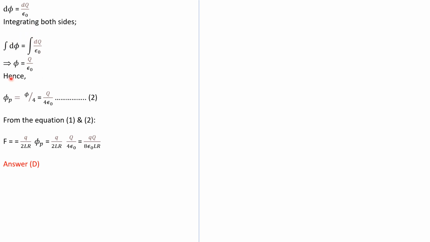We integrate both sides, so phi will be the total charge on the half cylinder, capital Q, by epsilon naught.